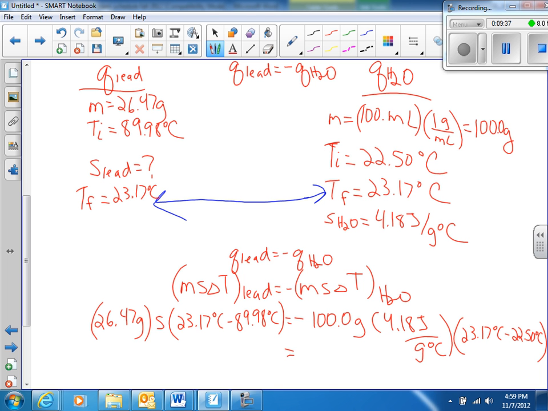So the right side is going to be negative 280.3 joules, because the grams cancel and degrees Celsius cancels, so we're left just with the joules.